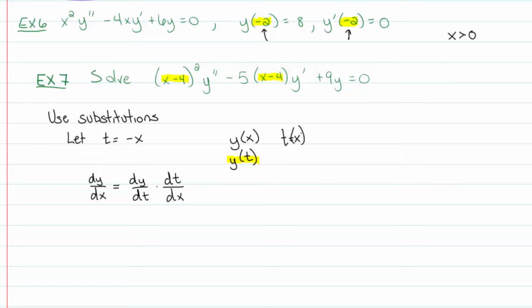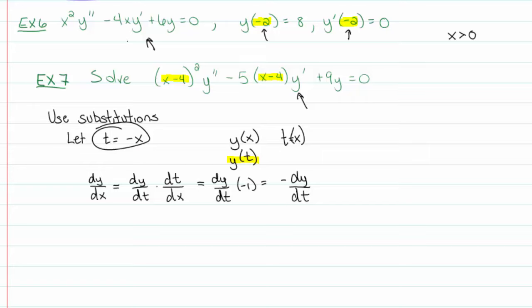Anyhow, in this case, dy dx would be dy dt times dt dx, but because t is equal to negative x, dt dx is negative 1. So you have a negative dy dt is the same thing as dy dx. And that's what these are right here and right here. We also need to know what the second derivative is.